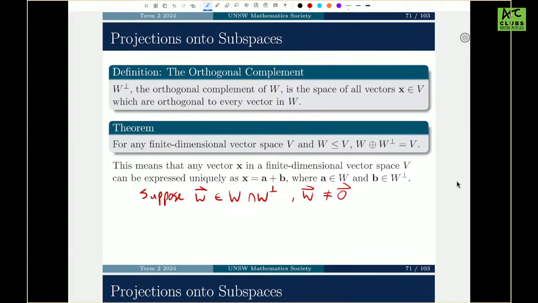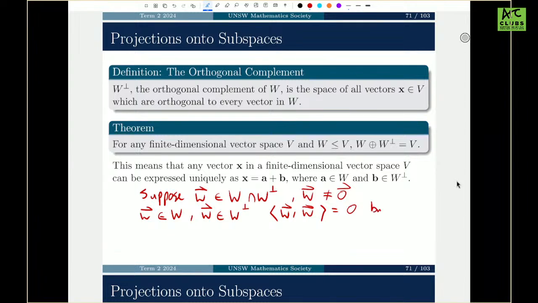So that means that w is an element of big W, and that w is an element of the orthogonal complement. So if it's in both W and the orthogonal complement of W, we can take the inner product of w with itself, and by definition it should be 0.